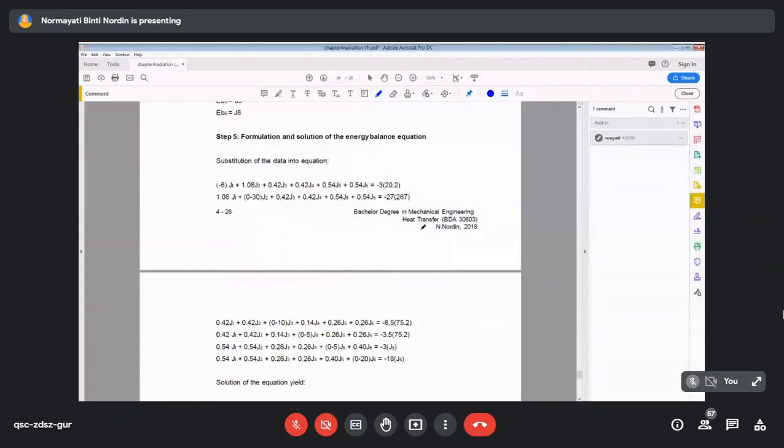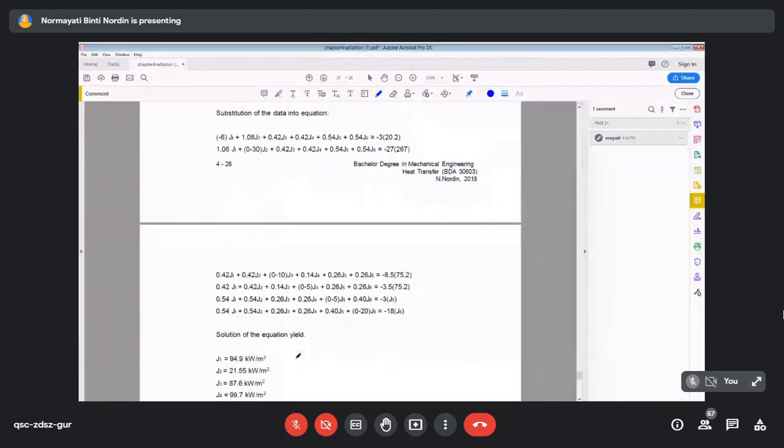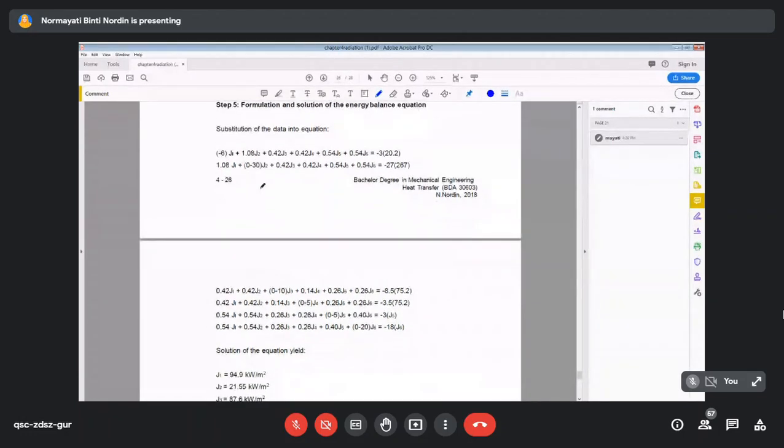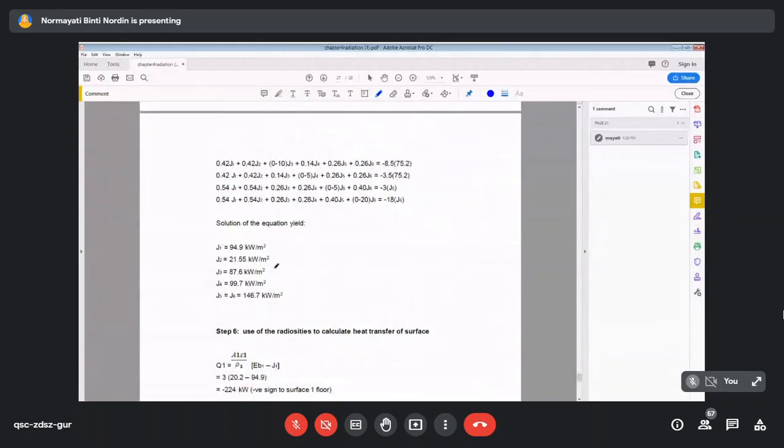So you ada 6 equations. So you need to solve the equation simultaneously to find all the radiosity value for all surfaces. So you have 6 surfaces. So these are the radiosity's value for each surface.